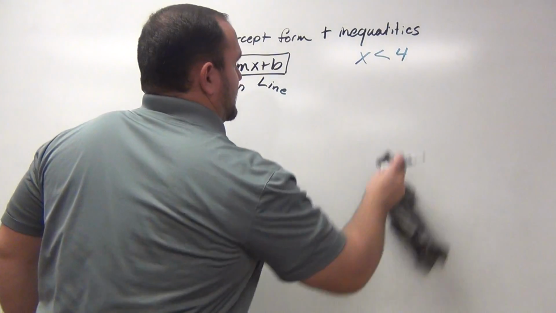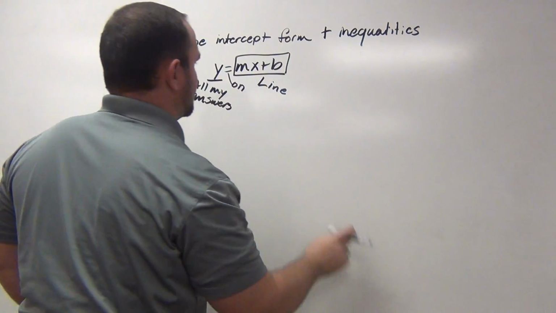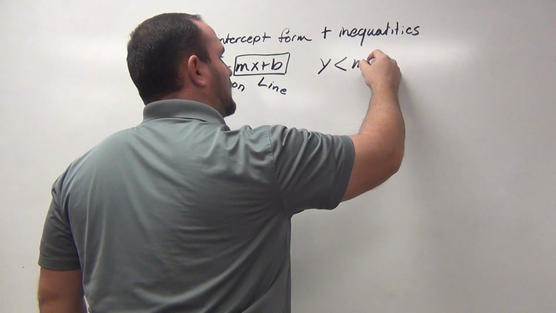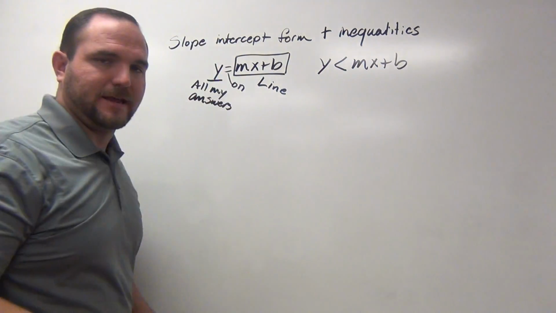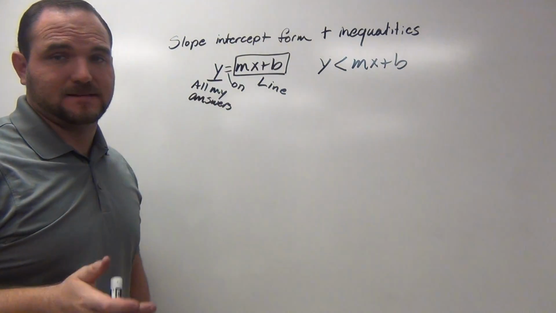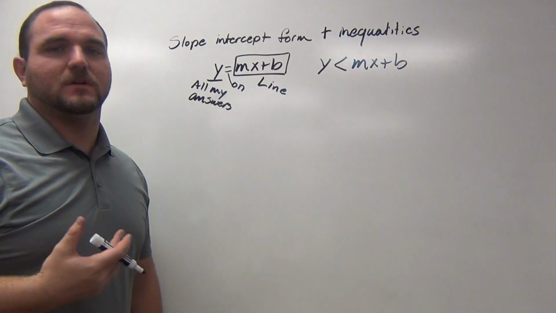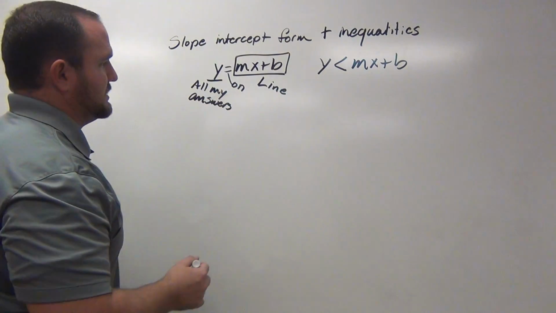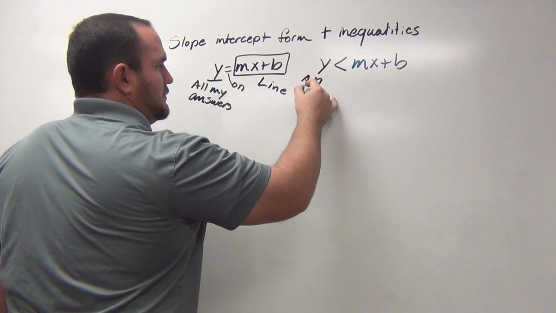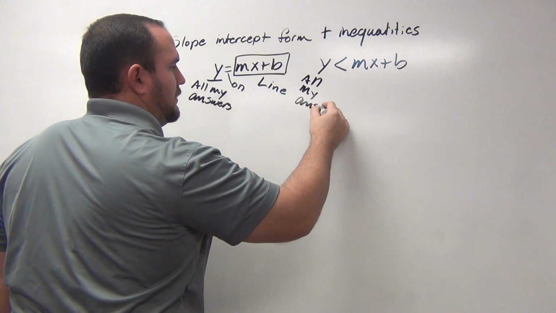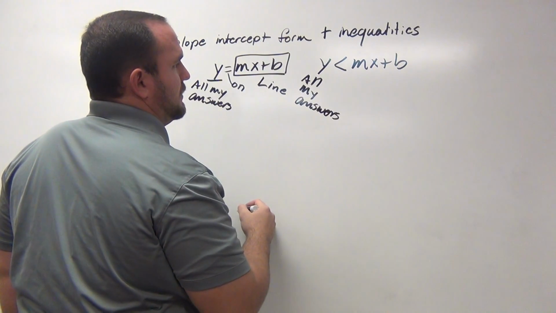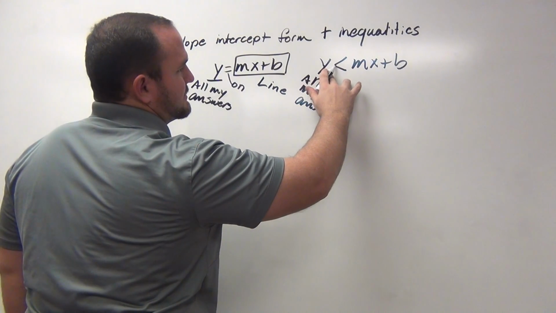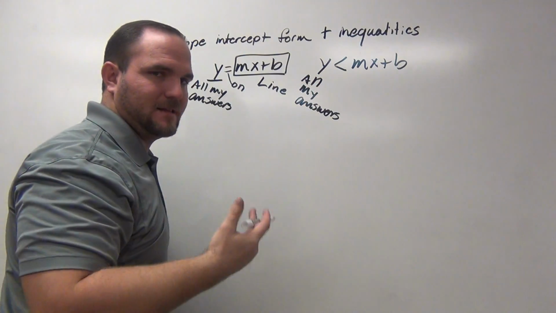Now if I was to change this up and make this an inequality, it's actually set up the exact same way. You're going to graph it the exact same way, but we're going to have one more piece to the puzzle when we graph one of those. So let's change this up. All my answers, now we would say, looking at this sign, we hit this side first, so that is a less than.